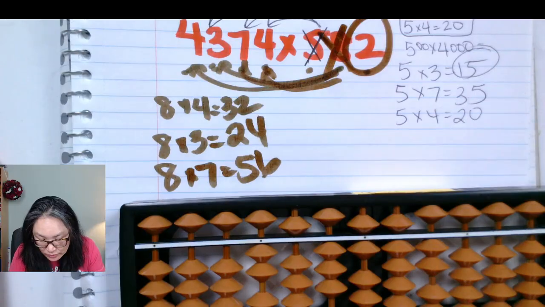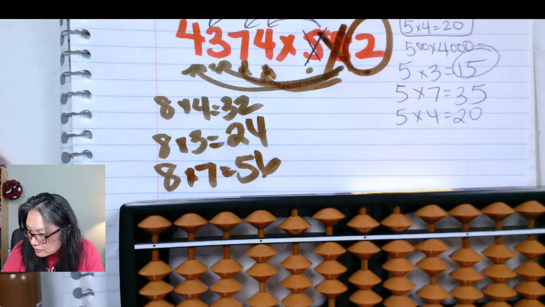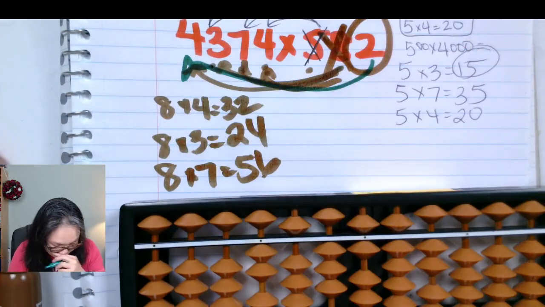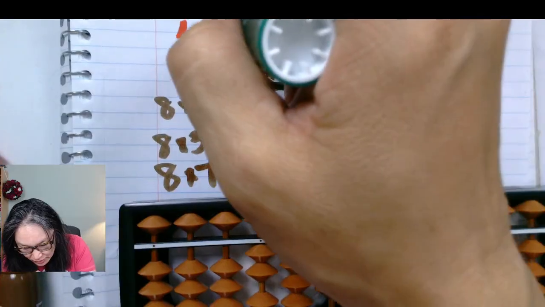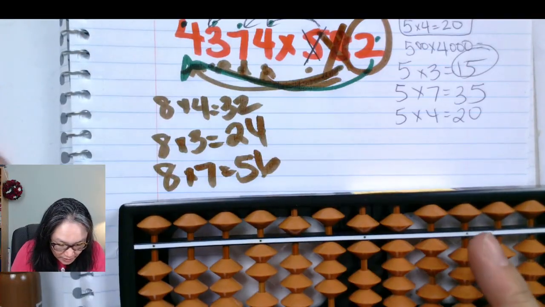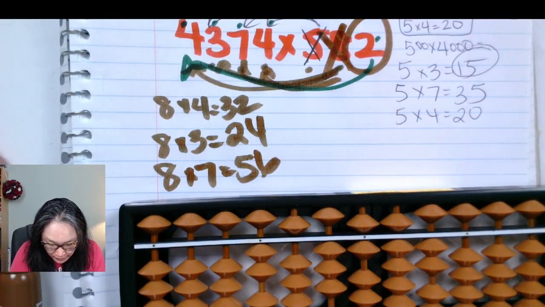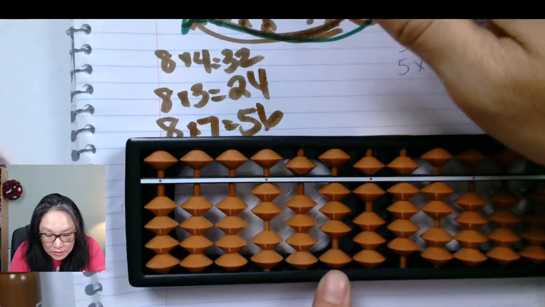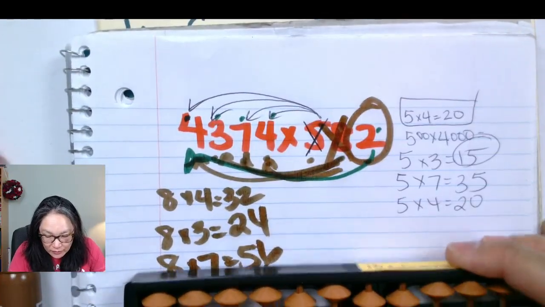I'm left with the 2. 2 times 4, I'm sorry, count. 1, 2, 3, 4, 5. I'm over here. So what are we going to do? Let me see if I can move it up.